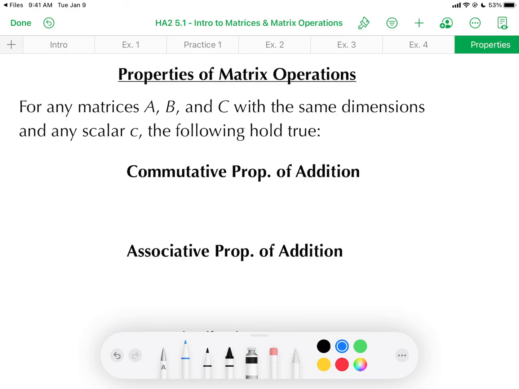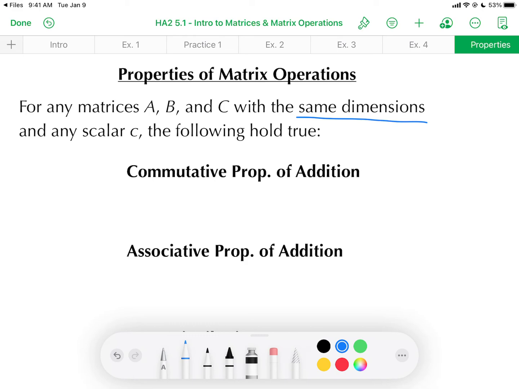All right, so this leads me to a couple properties associated with our matrix operations. For any matrices A, B, and C that have the same dimensions, that's key, and for any scalar C, the following properties will hold true.